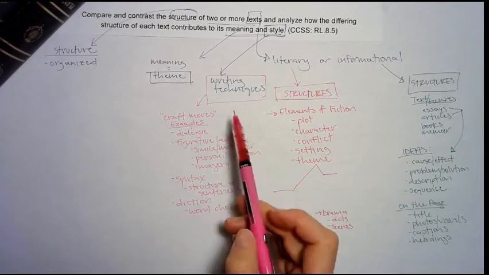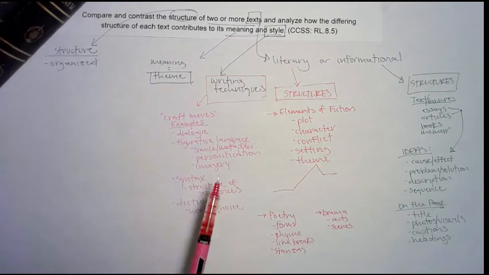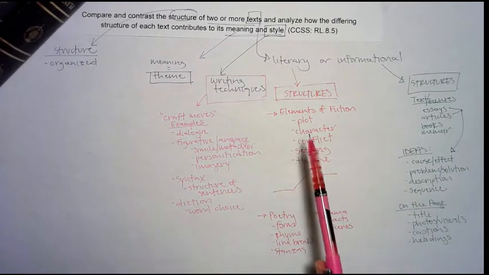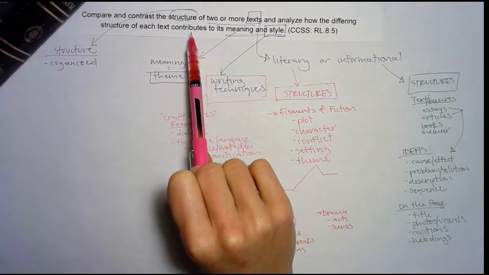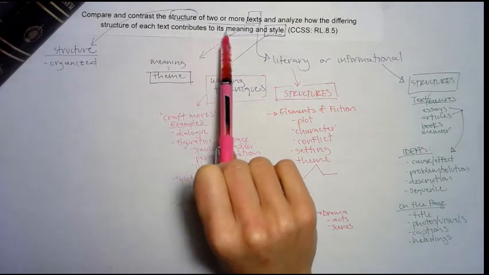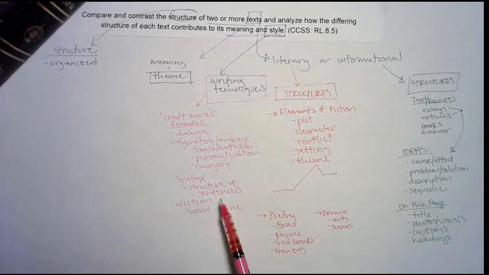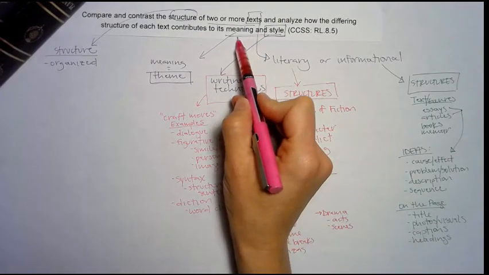So some writing techniques, right? When we're asking this question about comparing these two structures to understand how the structure contributes to the meaning and style. When we say style, we're talking about the actual writing techniques, the craft moves that he or she is employing to help you get to this.